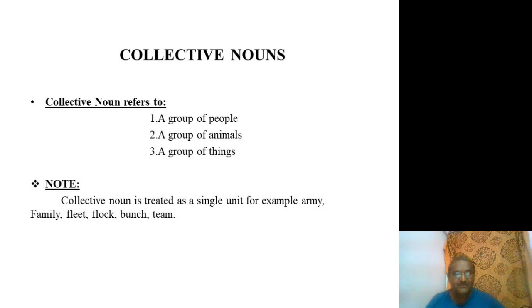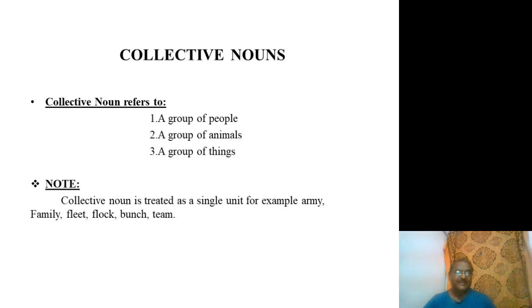Flock means it has got a lot of birds. Bunch of keys, as I told you already. Team of players. Yeah, Indian team is coming. After the completion of all the games abroad, the team is arriving today in India. What do you understand by team?